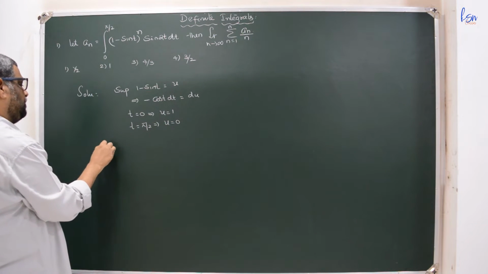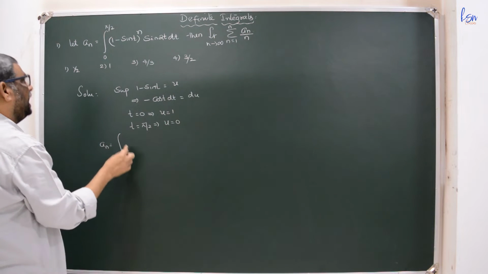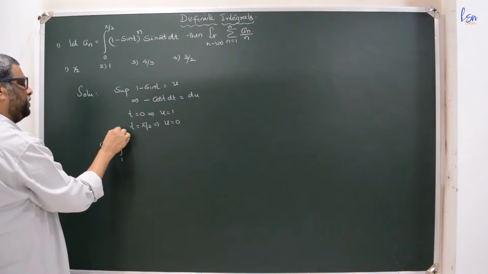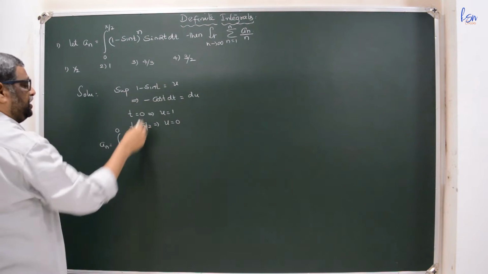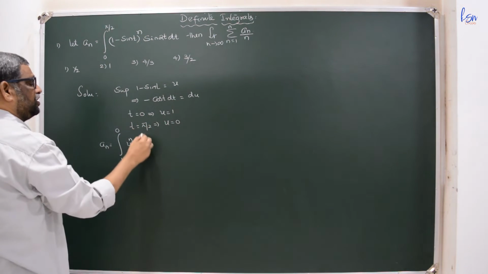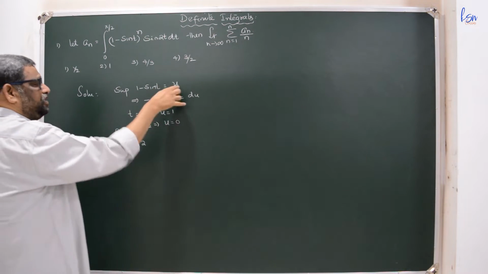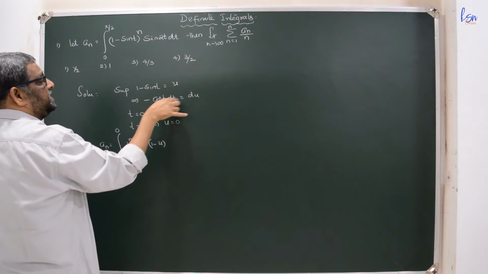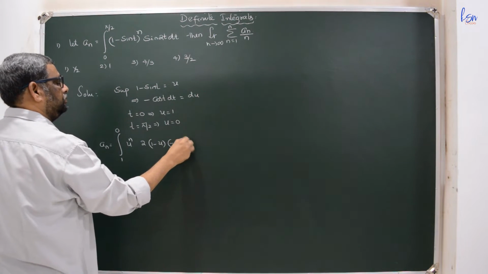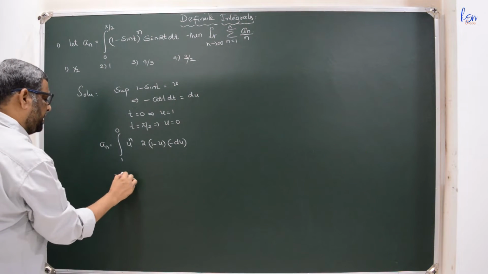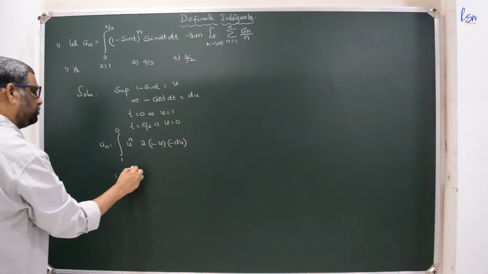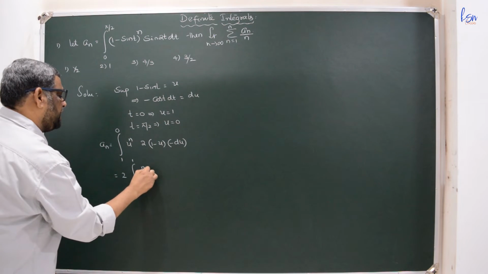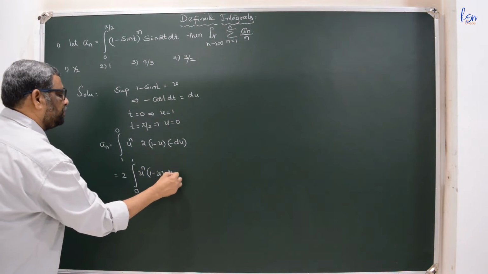Therefore, a_n is equal to the integral with lower limit 1 and upper limit 0 of u to the power of n, and sin 2t is 2 sin t cos t, with sin t being 1 minus u, into cos t dt, that is minus du. Now here you can take 2 out, and there is a negative sign, so the limits will get interchanged, 0 to 1. U to the power of n into 1 minus u du.